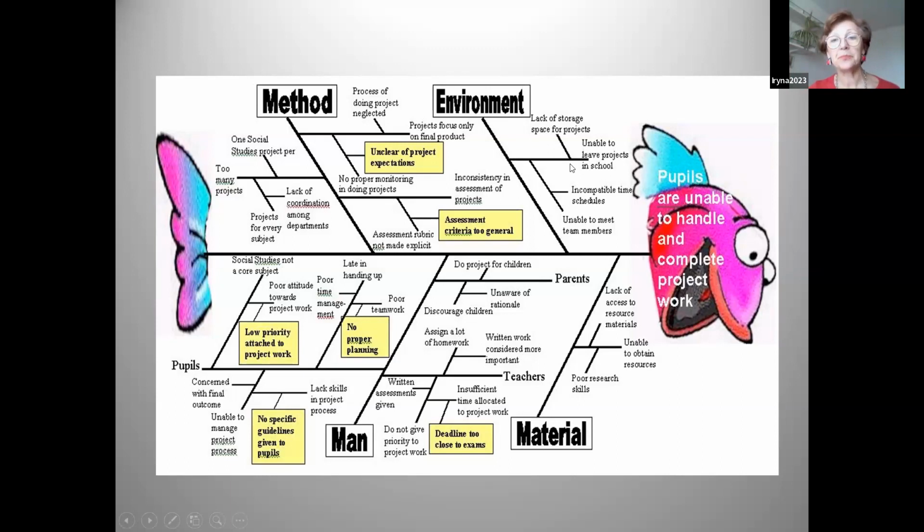This is one thing. And second thing, you can have smaller bones. Like in method, for example, we have too many projects, and smaller bones, lack of coordination among departments. This is a bone I often have in my MBA program.